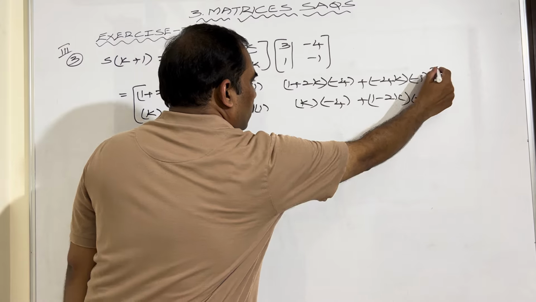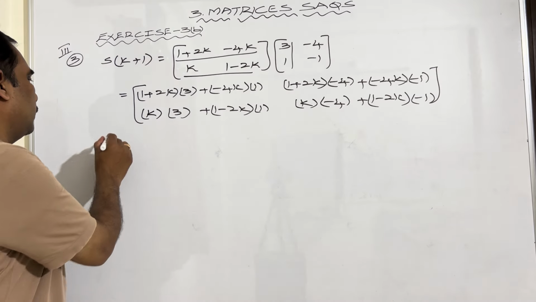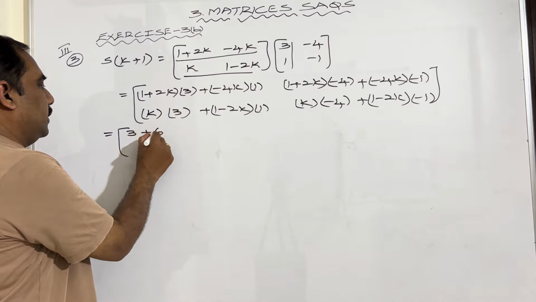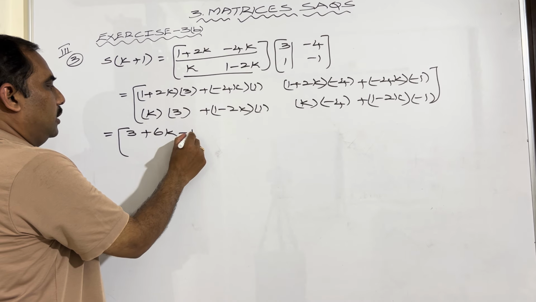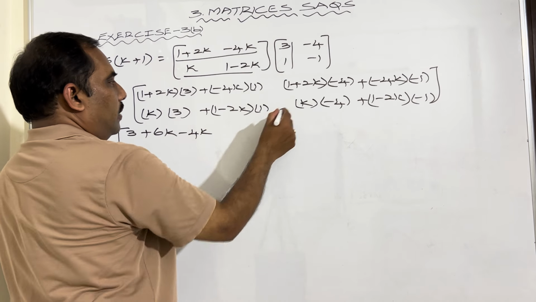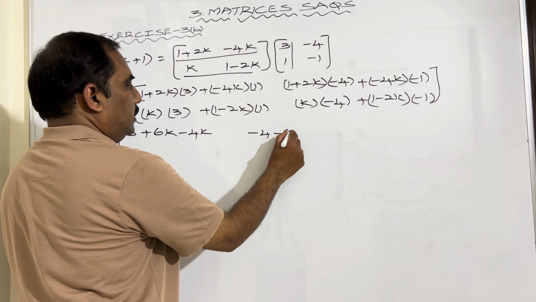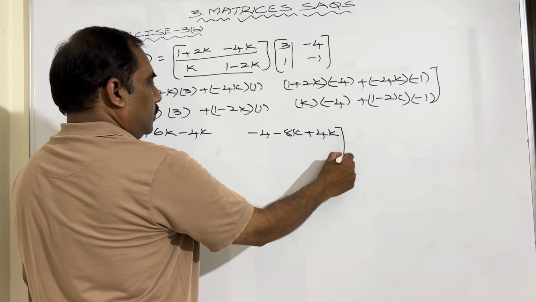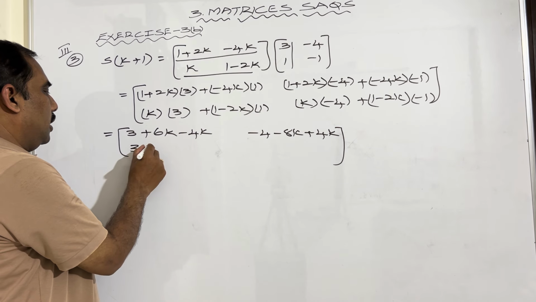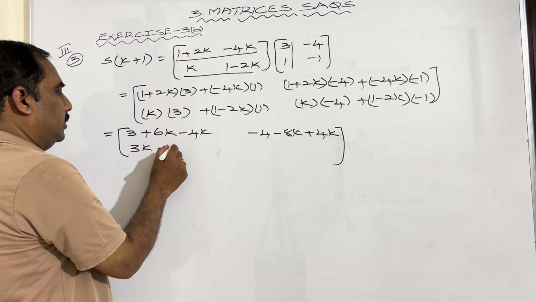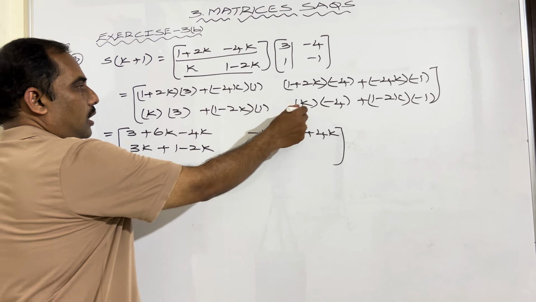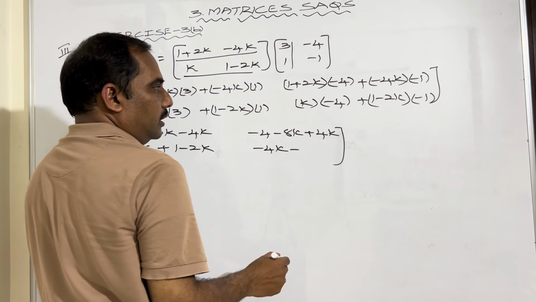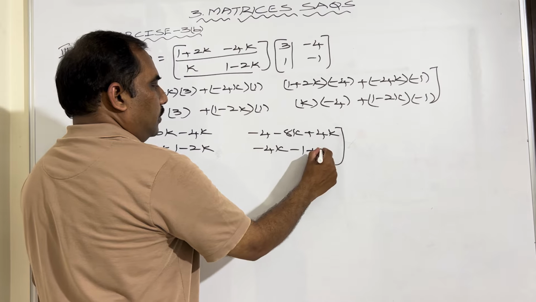So now, if you multiply that, we get here 3 plus 6k, and plus into minus is minus 4k, and here minus 4 minus 8k, and minus into minus is plus 4k. Next, 3k, k into 3, and plus 1 minus 2k. Here minus 4k, and multiplying with minus, this is minus 1 and plus 2k.